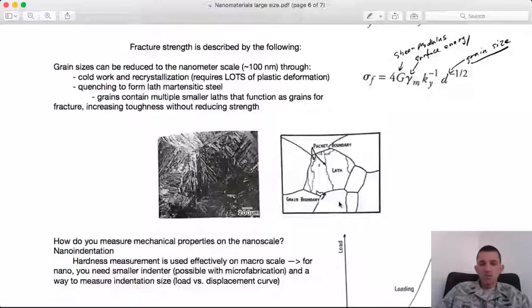We get these needle-like growth patterns that are very finely structured and very hard for dislocations to move through, which is where we get the strength for martensite.